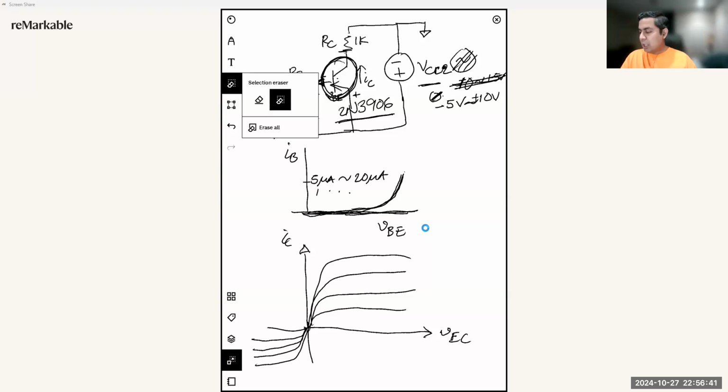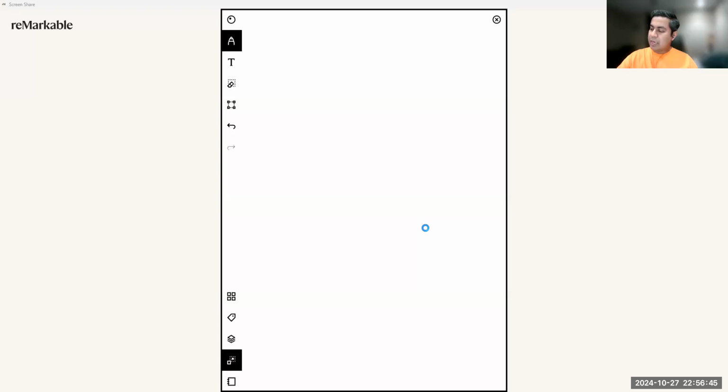So our goal, once you get these plots, is to try to find beta F and alpha F. Beta F, as you know, is the collector current by base current, and alpha F is the collector current by emitter current.